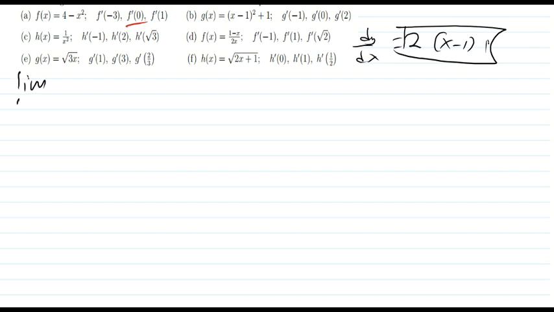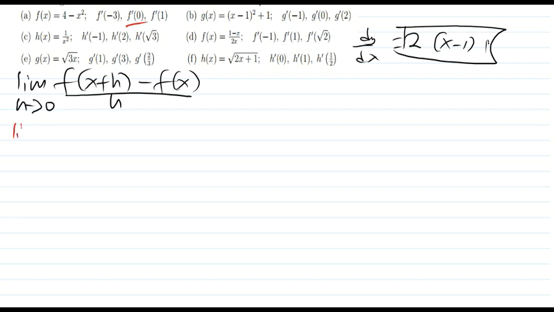limit as h is approaching 0, we first need to write the formula, which is this, everything divided by h. Now, what we're going to do is limit as h is approaching 0. Where there's x, we need to put x plus h.